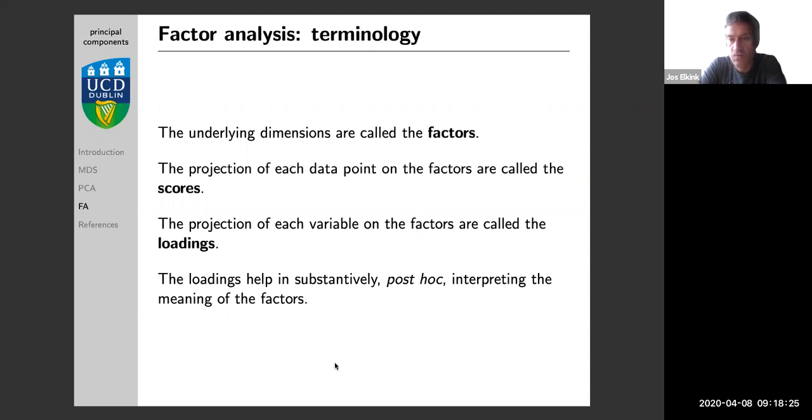Then the scores would be how each speech is related to each underlying dimension, and the loadings would be how each term is related to each of the factors. If you know how each term is related to each of the factors, that will tell you something about the substantive meaning. If you know which words score high and which words score low, you might understand what the underlying meaning of that dimension is.